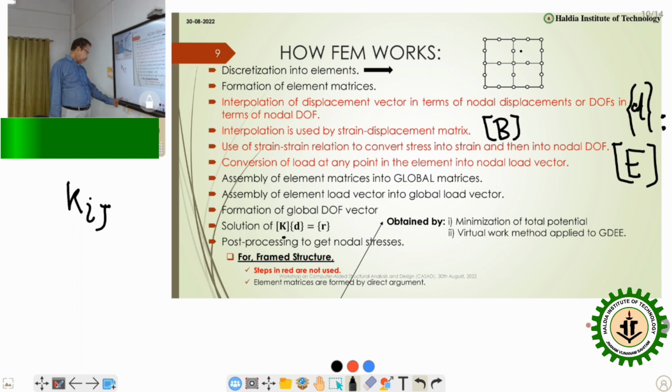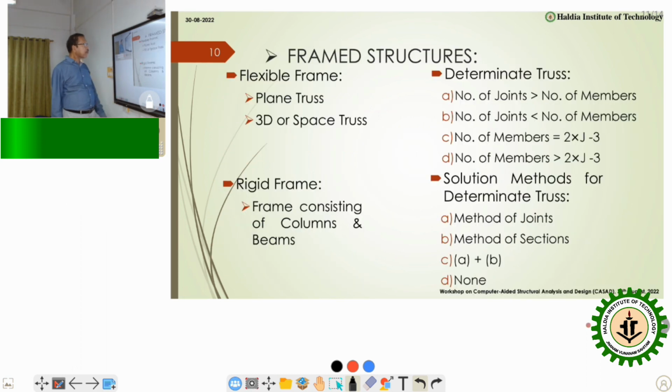Next comes, basically, frame structures, which have been detailed here. A rigid frame may be there, or a flexible frame. We generally call a truss a flexible frame.